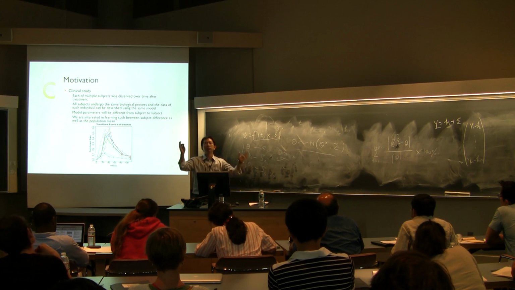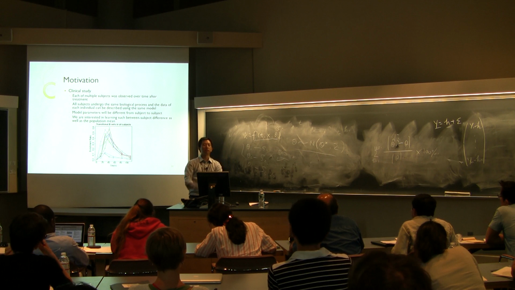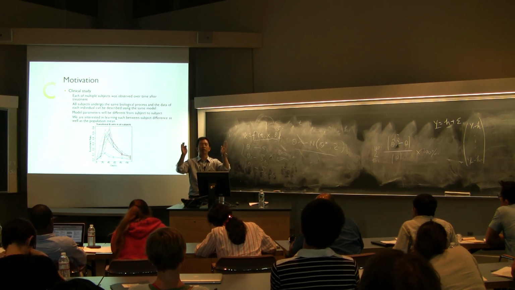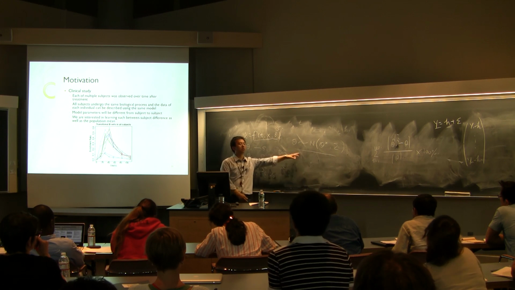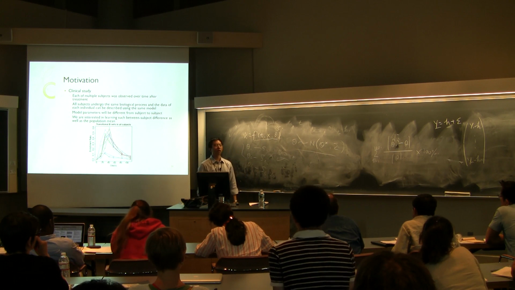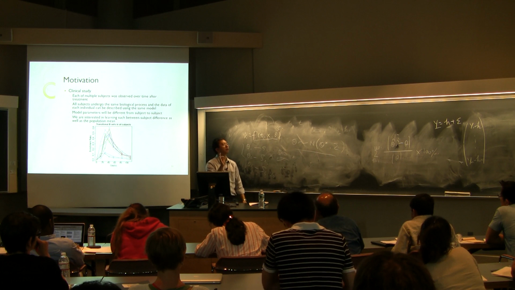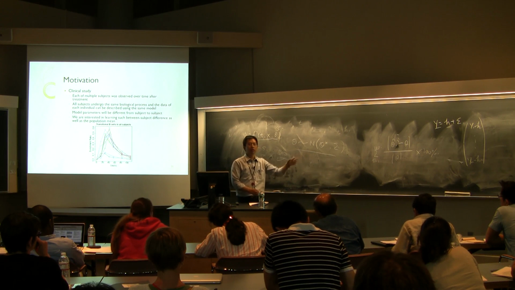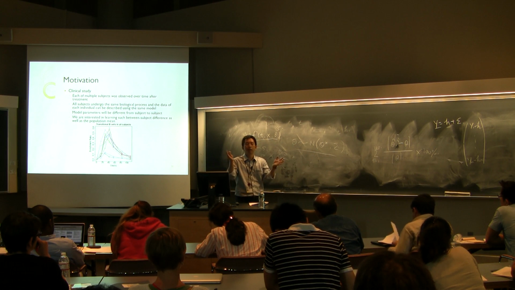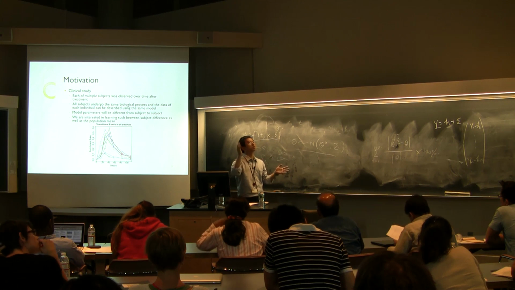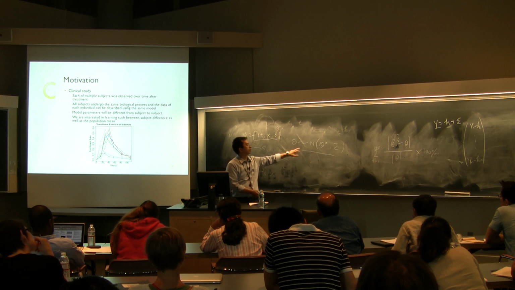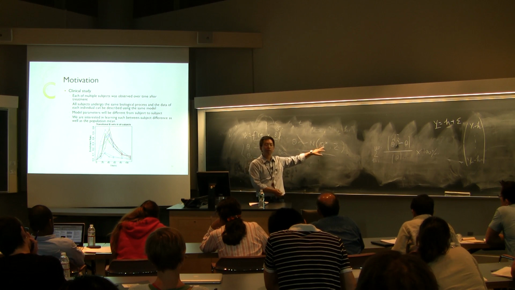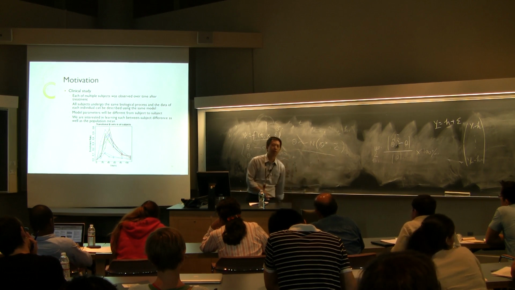Although these subjects are independent, they are from the same population, so you can use one distribution to describe them. That's just like drawing independent samples from the same distribution. So the basic idea is to model this parameter as a random variable, so you have a mean and a variance.